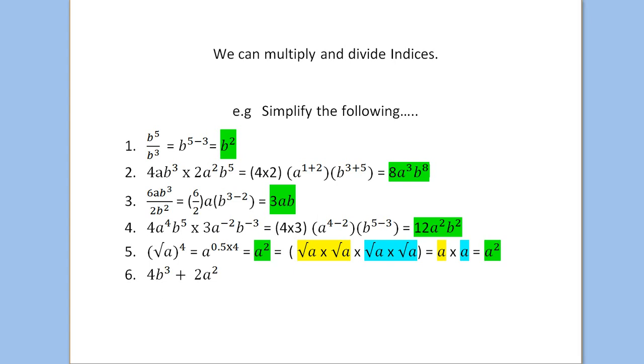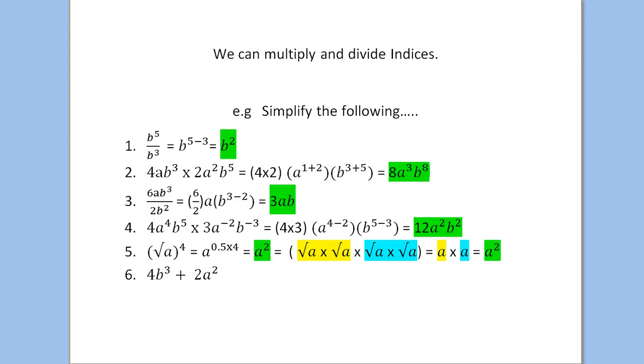We're just multiplying indices, and then we add the powers. So it's 4 plus minus 2, which is 4 minus 2, which is 2. And then for the b's, it's b to the 5 times b to the minus 3, which is b to the 5 plus minus 3, which is b to the 5 minus 3, which is b squared. So the answer is 12a squared b squared.